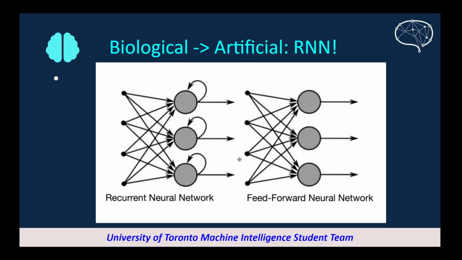So after talking about how memory works inside the human brain, we want to talk about how to actually build a recurrent neural network and compare it with the feed-forward neural network. And RNNs and feed-forward neural networks get their names from the way they channel information. We talked about feed-forward neural networks in MIST101 a lot.